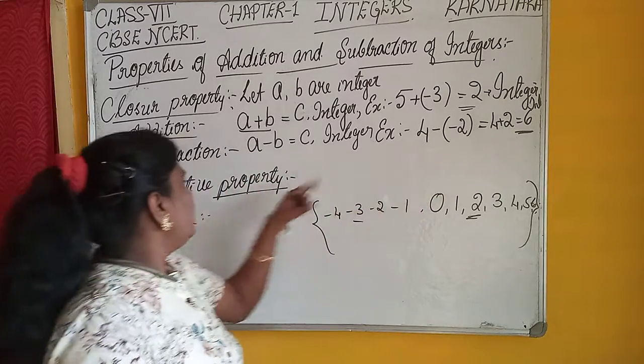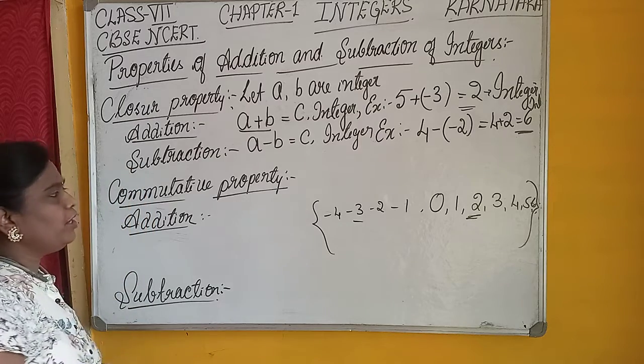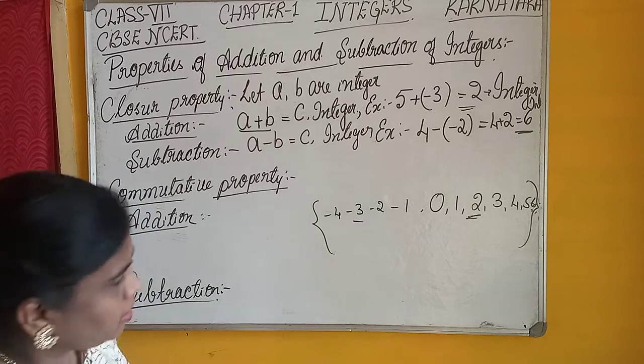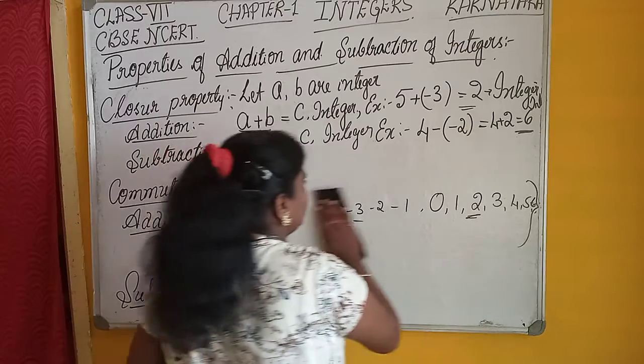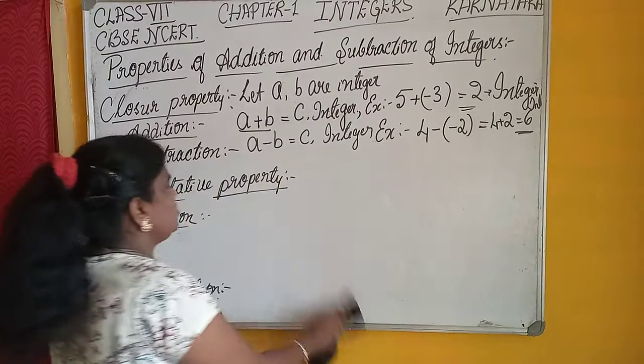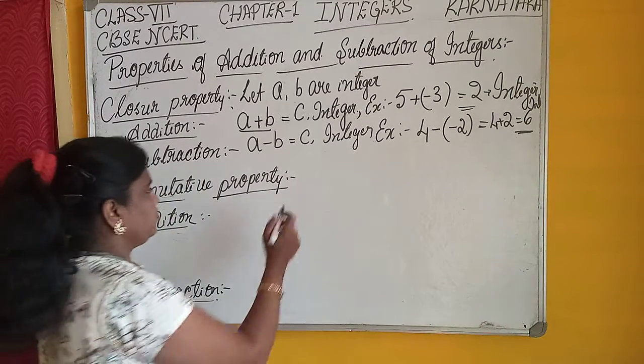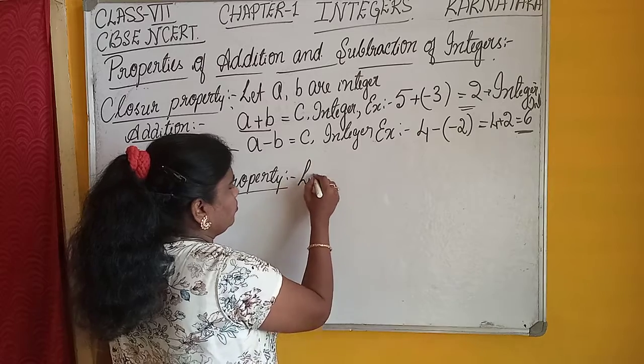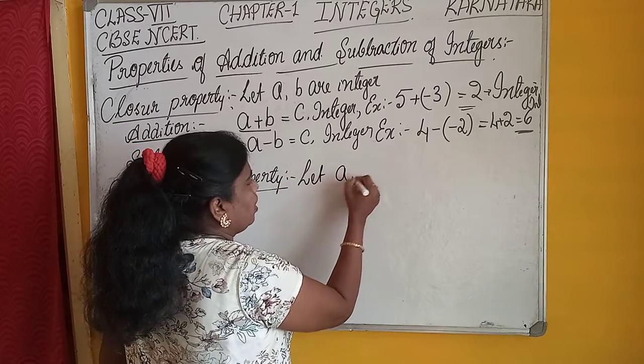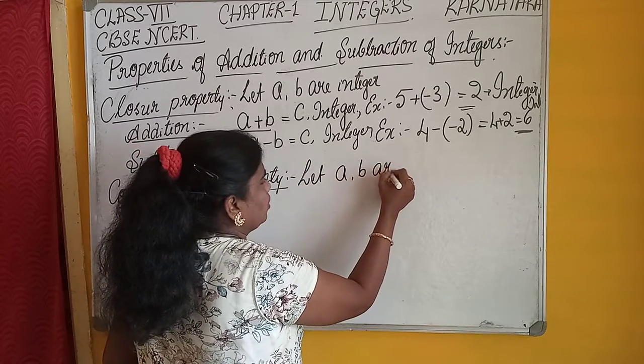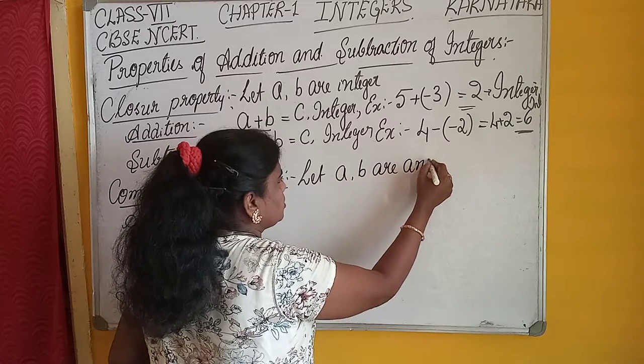Understood? Next, commutative property. Here also consider A and B are any two integers.